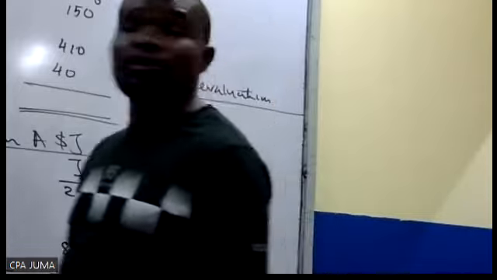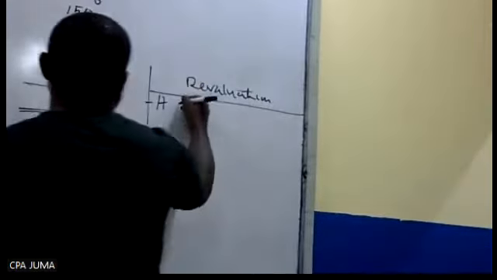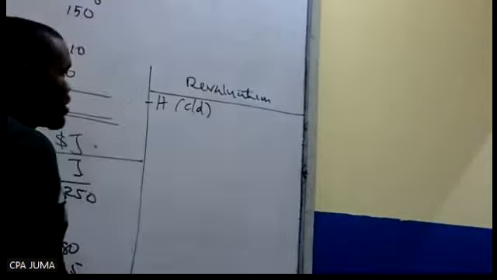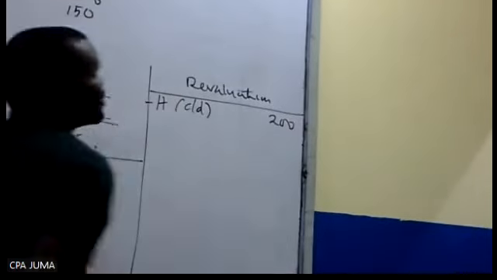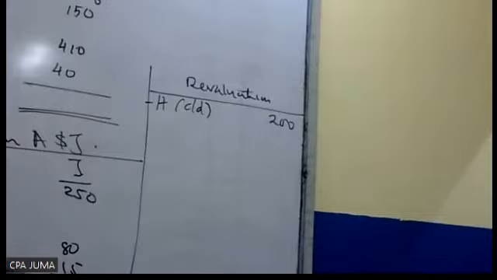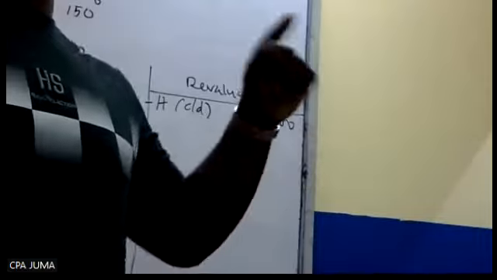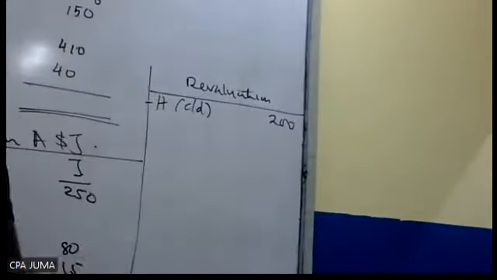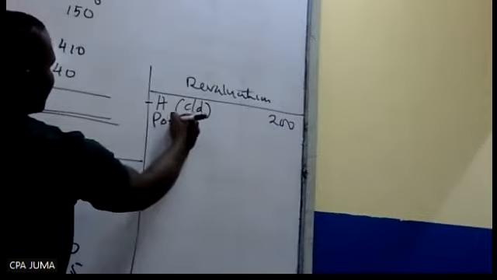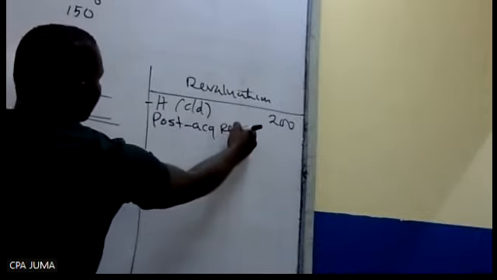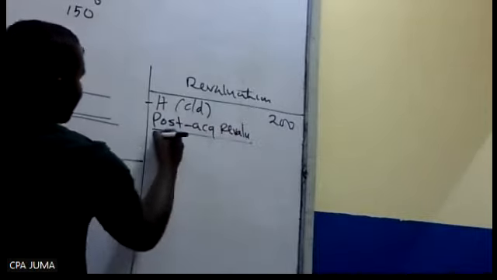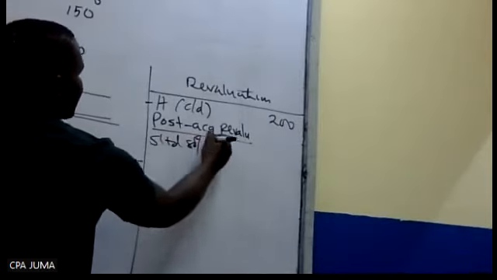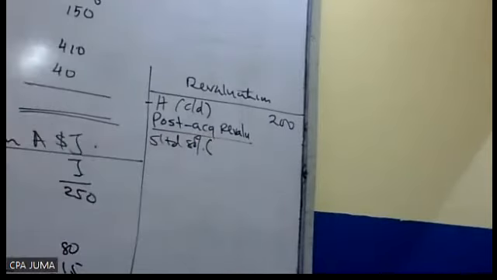So for revaluation reserve, take, for H, of course, the current down in the balance sheet, which you are saying is how much? 200. For the investment companies, you take post-acquisition because the pre-acquisition was utilized in goodwill computation. So you take what came after. So post-acquisition revaluation, S Limited, I'll take 80% of whatever they got after acquisition.